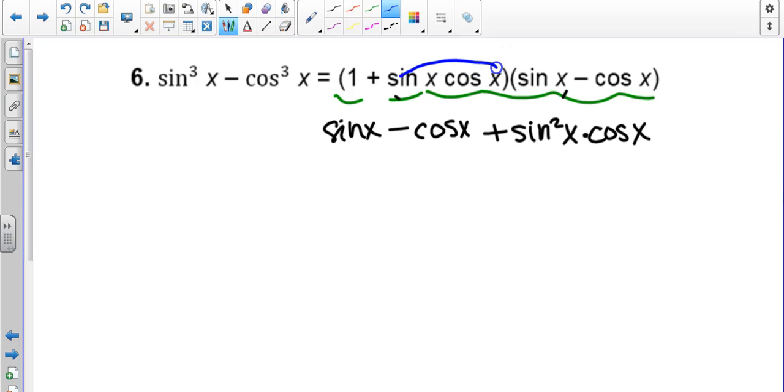We got to do this term times this. So we get a negative cosine squared times sine, or sine times cosine squared. Doesn't matter what order you wrote it in, it's multiplication. Okay, at this point, most of us are stuck and don't know what to do.